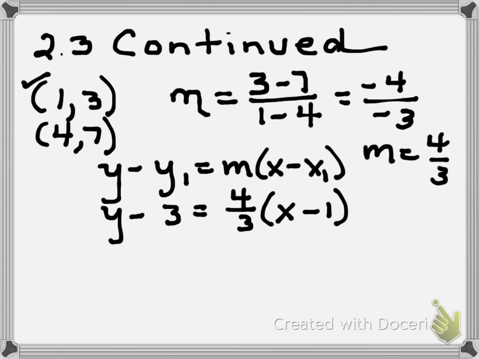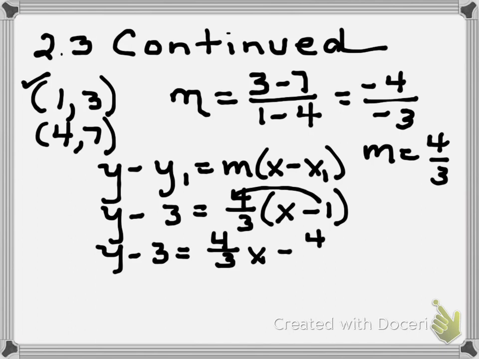All right, so I have y minus 3 equals 4/3 x, and 4/3 times a negative 1 is negative 4/3. Now I want to add 3. And I'm going to add 3 with a denominator of 3.